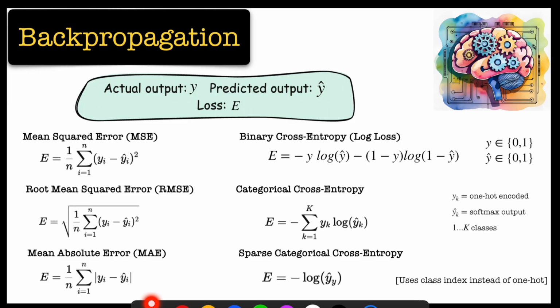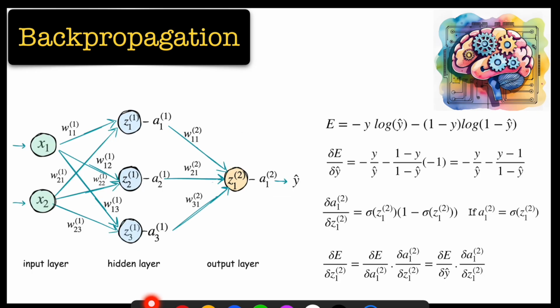After we get the error, we have to calculate the gradients with respect to all the weight parameters. So quickly I will show how we calculate the gradients in each path. For simplicity, I am considering the binary cross entropy loss function. Here y hat is the predicted output. How do we calculate del E del y hat?